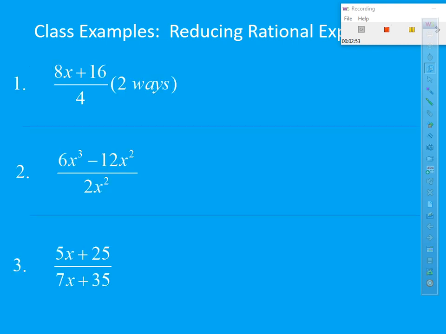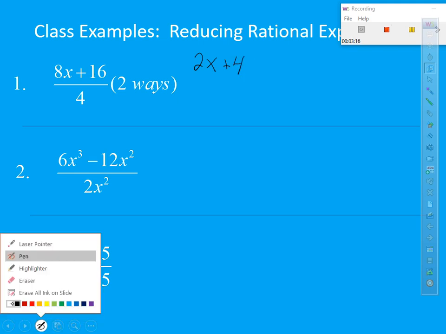So here's your first example: 8x plus 16 all over 4. The easiest way is to reduce when you can. So I'm going to think of this as 8x over 4, which is 2x, plus 16 over 4, which is 4. That's the quickest way.